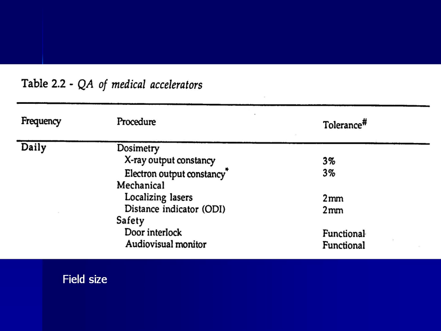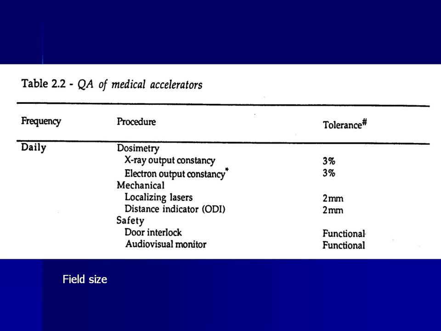This is from TG40. This is essentially what we check daily, including, I think we do some field side checks also. But you can notice the most important thing is a device that's used to check the daily output.